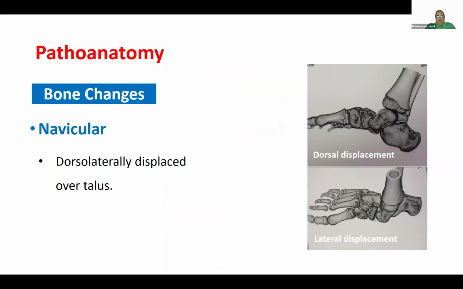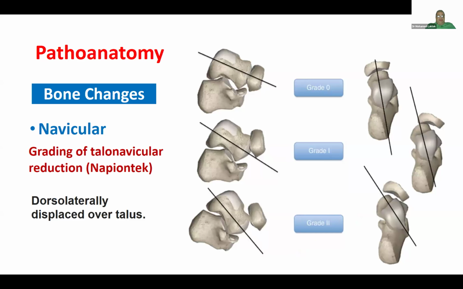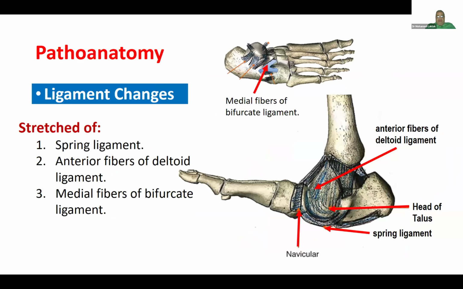There is dorsolateral displacement of the navicular. It is also hypoplastic and wedge shaped, displaced over the talus. According to the Napiontek classification, there are three types: grade 0, grade 1, or grade 2. Also, the cuboid bone is hypoplastic, especially in the plantar half in severe cases, and it is slightly displaced.